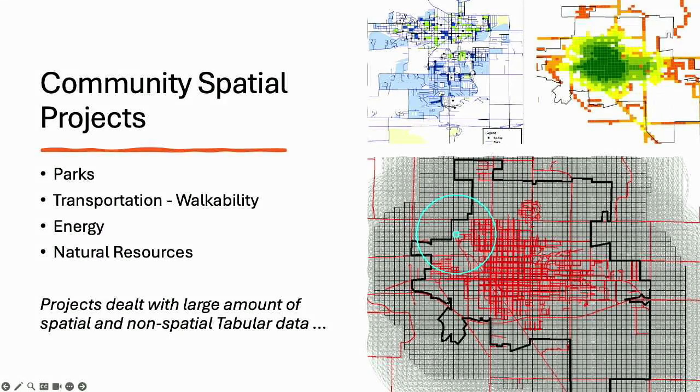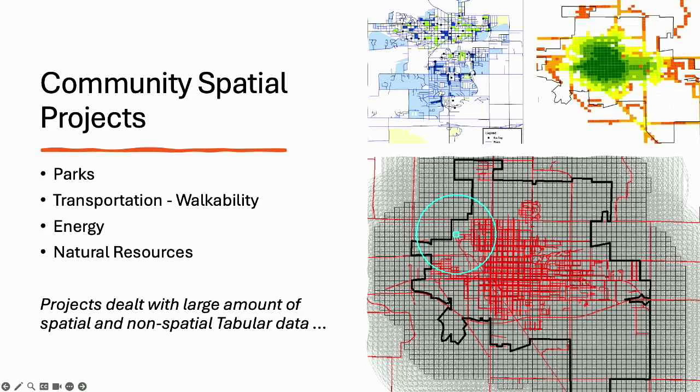My work and background with community spatial projects revolved around, I'm a landscape architect, so we did a lot with access to parks, community walkability, more recently dealing with energy and looking at the siting of different types of energy projects and other natural resources.